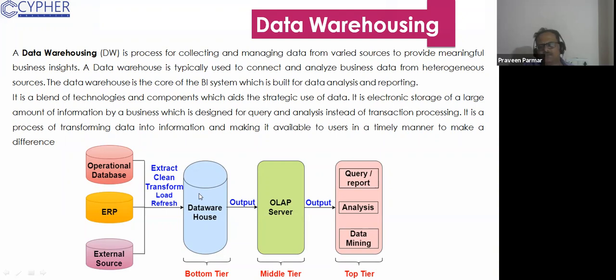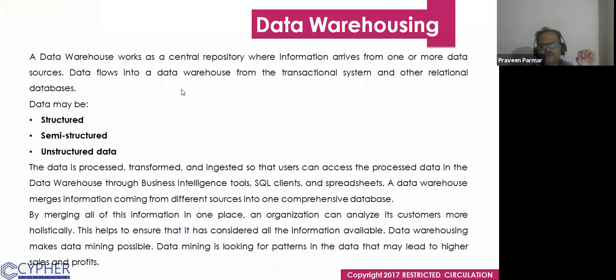The same thing is here. We put our data in the data warehouse in a particular structure, and from there we could fetch that data and work on it. So we will explain in detail later on. I am just giving you one glimpse of all this.